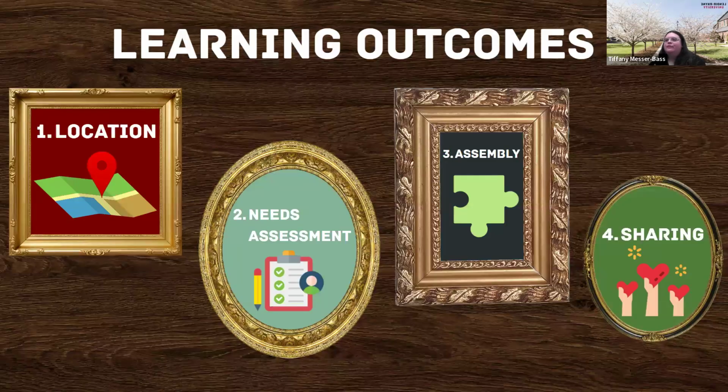So we're going to cover 4 really big learning outcomes today that do scaffold on one another. I'm going to start with resources for each type of location. Now some of those will overlap. I'll explain that in a bit. And then doing a needs assessment.